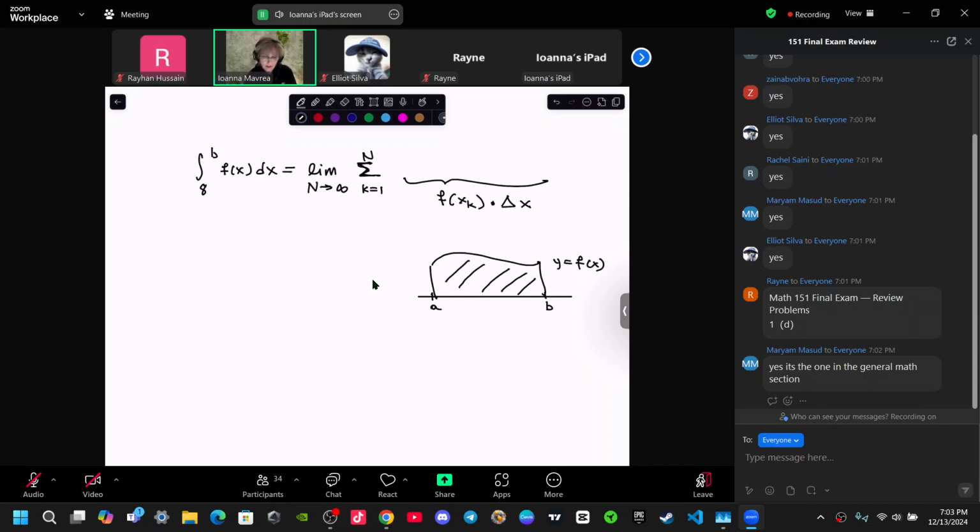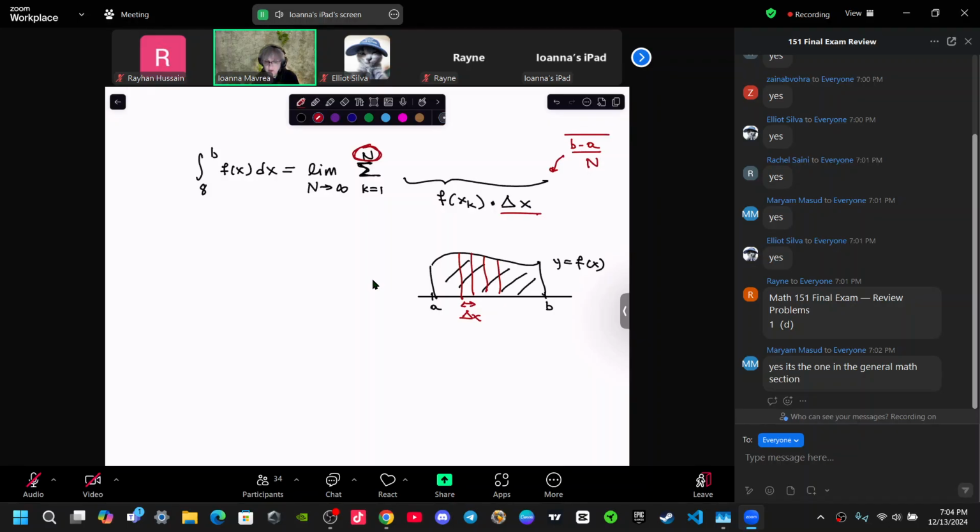The way they did it, they broke this thing into strips. To make life easier, they made the strips all have the same width. How many strips? Well, they used exactly n strips. So this delta x will be equal to b minus a over the number of strips. Again, this tells you the number of strips.